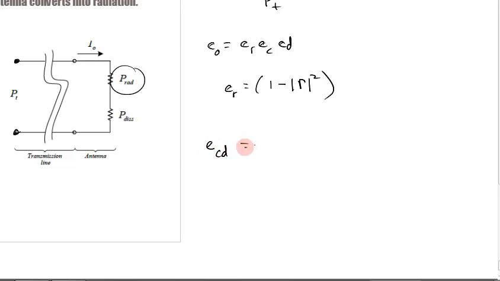We call this antenna radiation efficiency, and it is equal to EC times ED mathematically, but really this is usually a quantity that is measured for an antenna. It's antenna radiation efficiency.